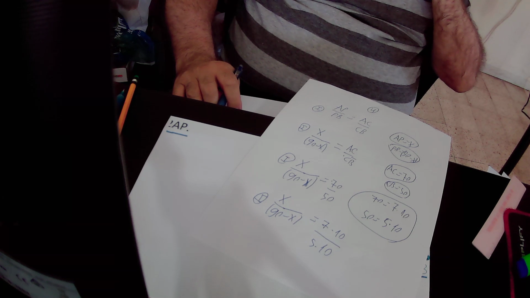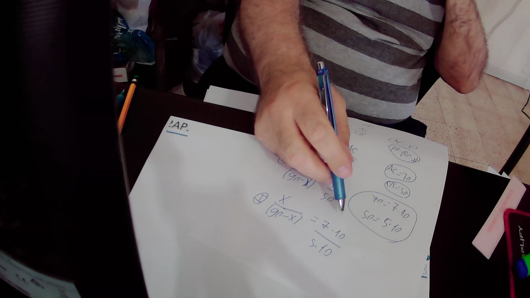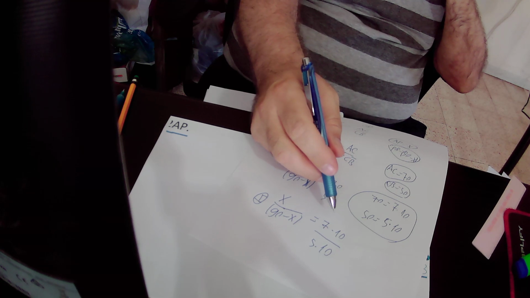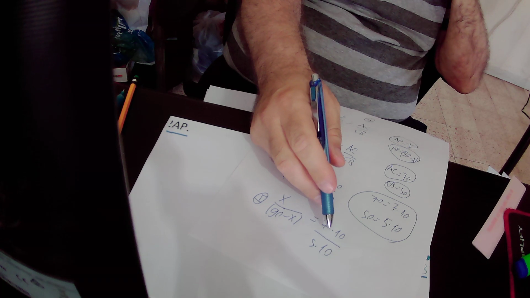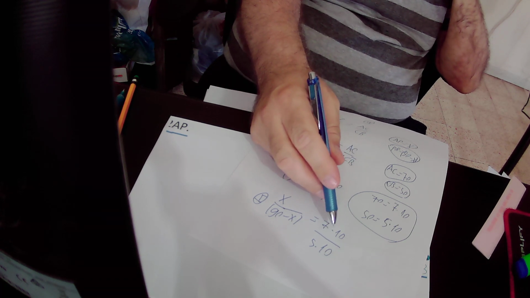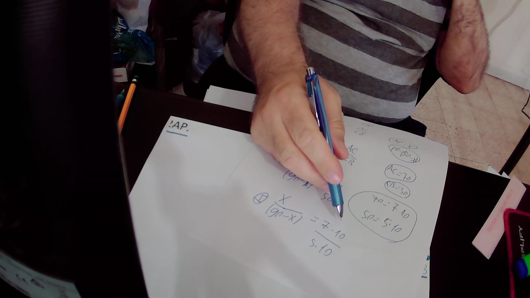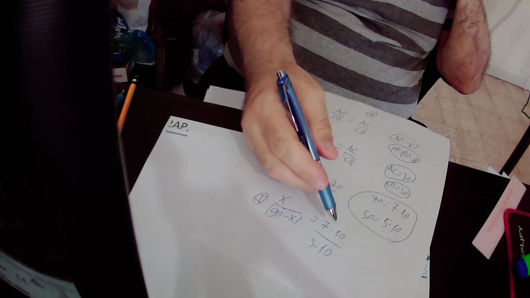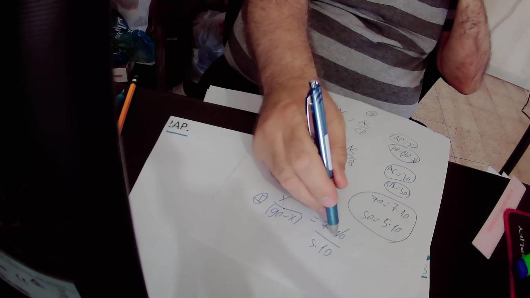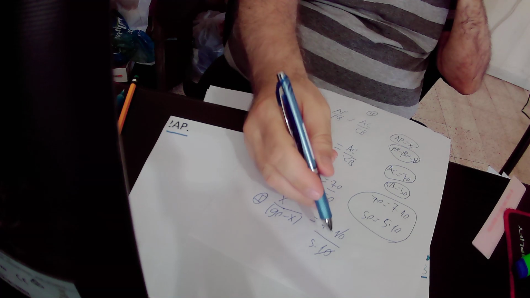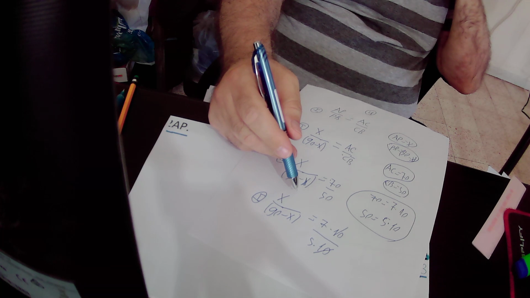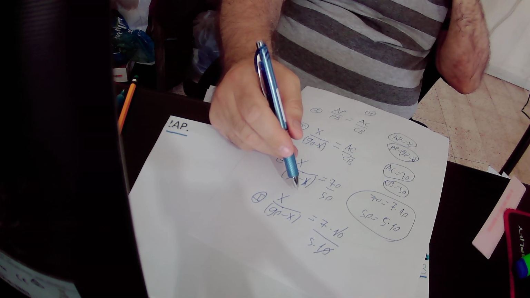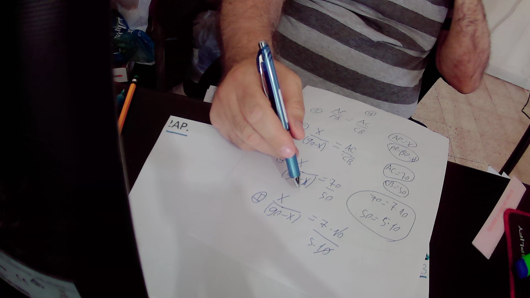Now we have 10 in the numerator, and we also have 10 in the denominator. So we can cancel 10, because we have it in the numerator and in the denominator. We can reduce the numerator and the denominator by 10.